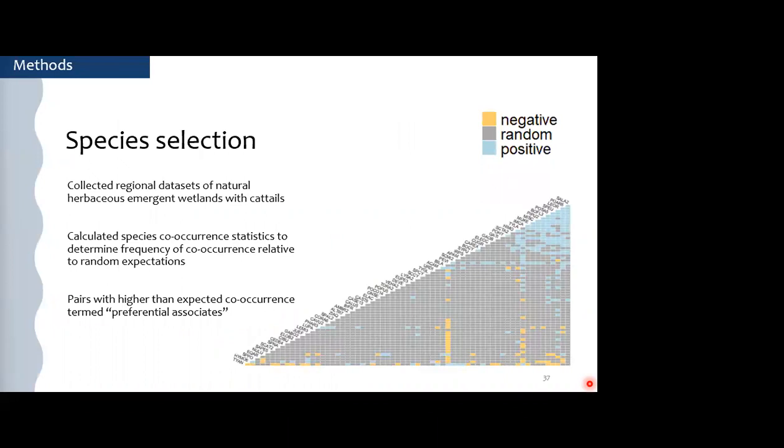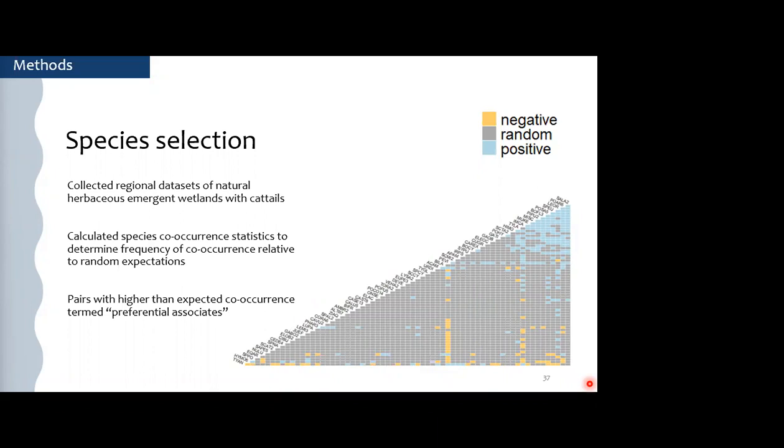So the first thing I had to do was collect a regional data set of natural herbaceous emergent wetlands from which I could select these preferential associates. So I used existing data sets and combined them. And these data sets all had species at a quadrat level.